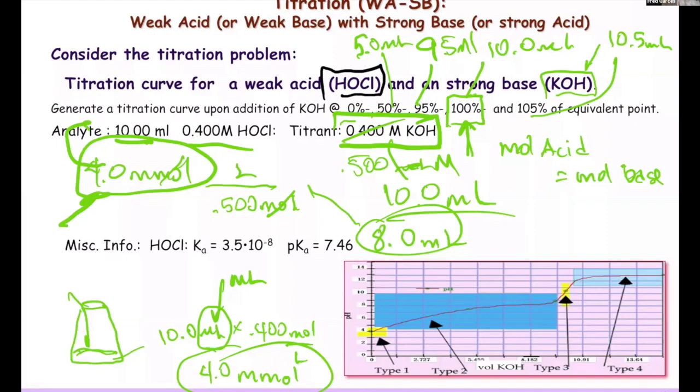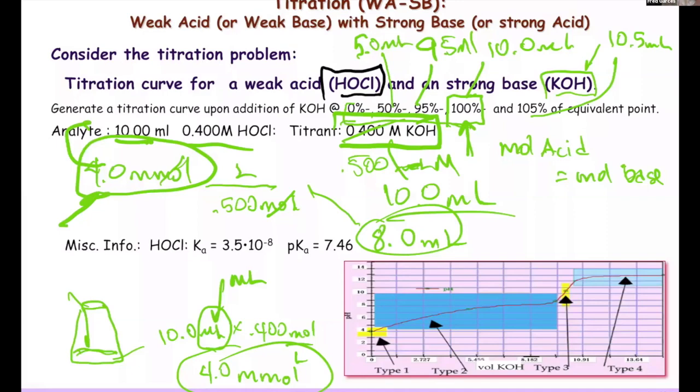So this is critical in the beginning, because you need to know what volume of base you have in order to calculate the pH. You need to know the volume of base so you can calculate the hydroxide ion concentration and react it with the acid. If you can't set it up in the beginning like this, you're going to get lost.